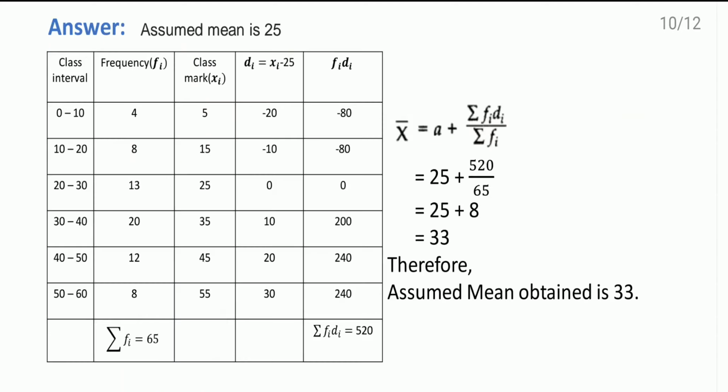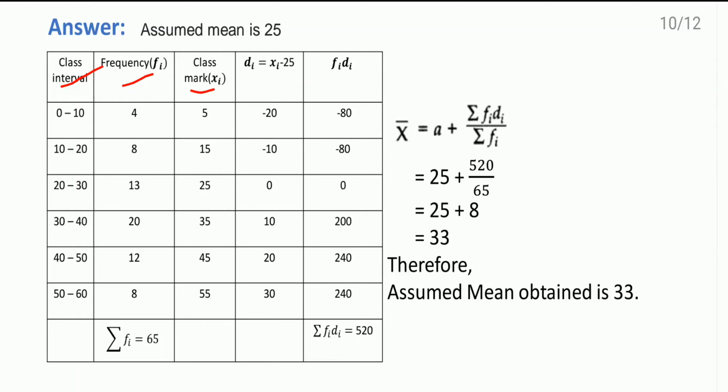See here. First column is same, second is also same as the previous one, third one is also same. Now look at the fourth column here. What we did, di equal to xi minus A. A already we assumed as 25. I said A you are going to choose from xi somewhere in the middle.